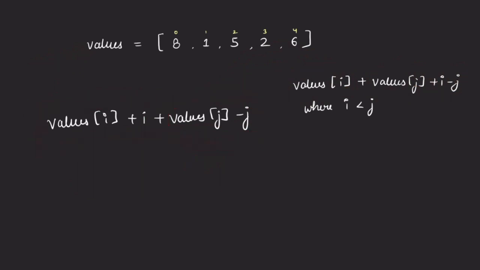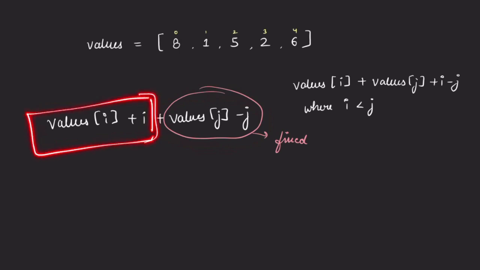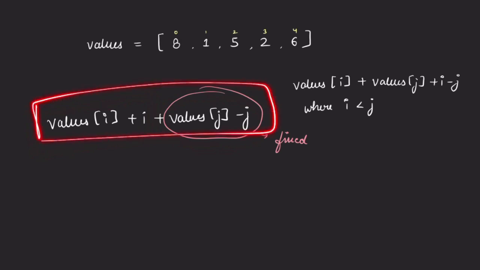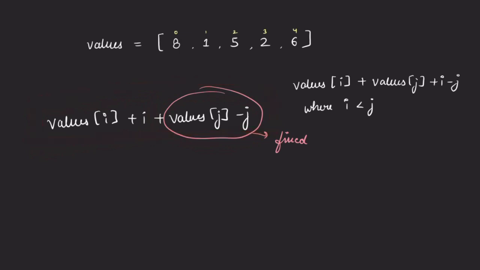If I am fixing this j value, I need to identify what should be the corresponding i's value. Eventually we want to maximize our value, whatever is the value of this entire expression. So if I have fixed this value, then the i part should be the maximum so that I can maximize my score.